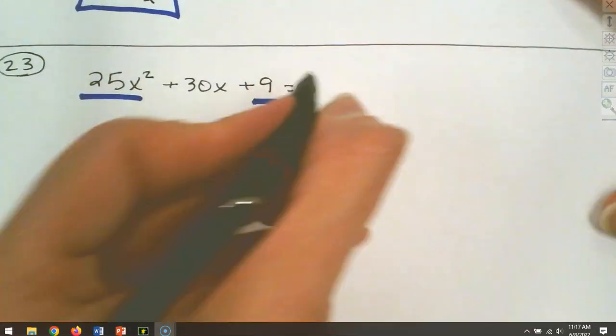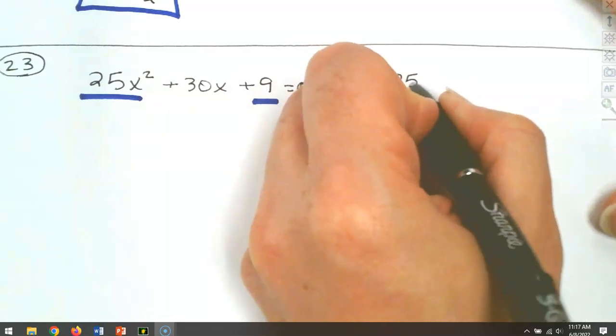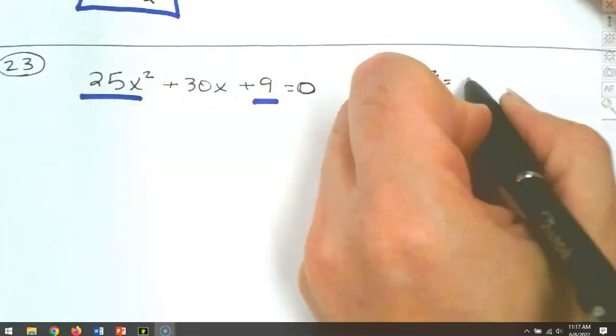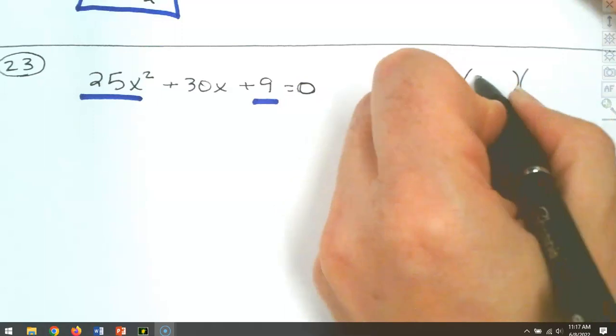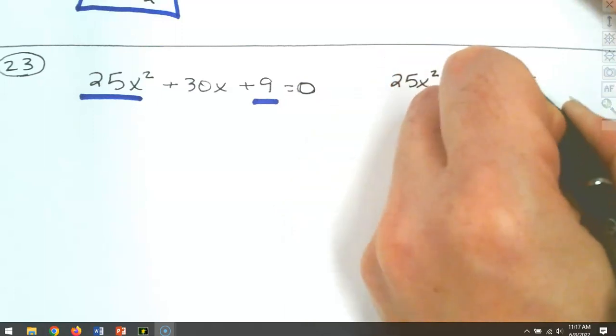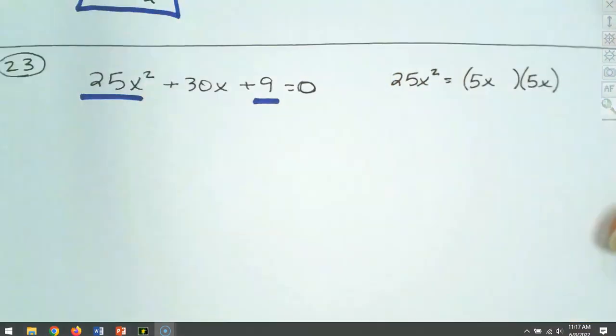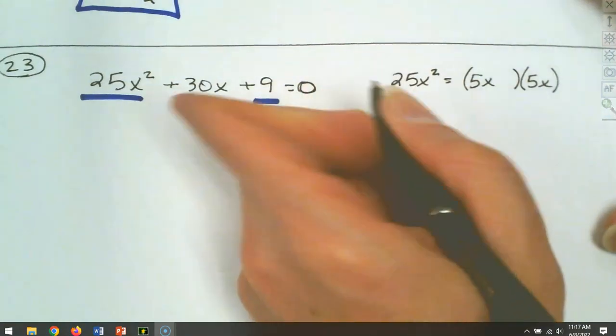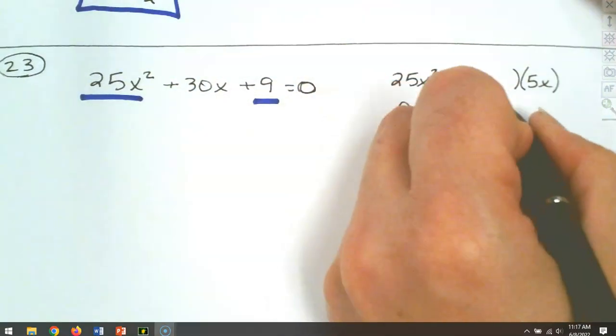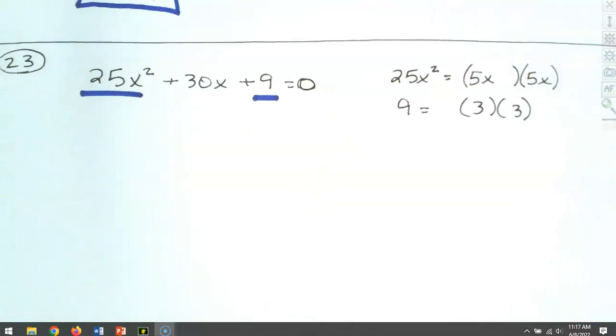Now, these are actually very easy, because what do we know about 25x squared? Well, 25x squared can be broken up into 5x and 5x, right? And 9 is also a perfect square of 3 and 3.